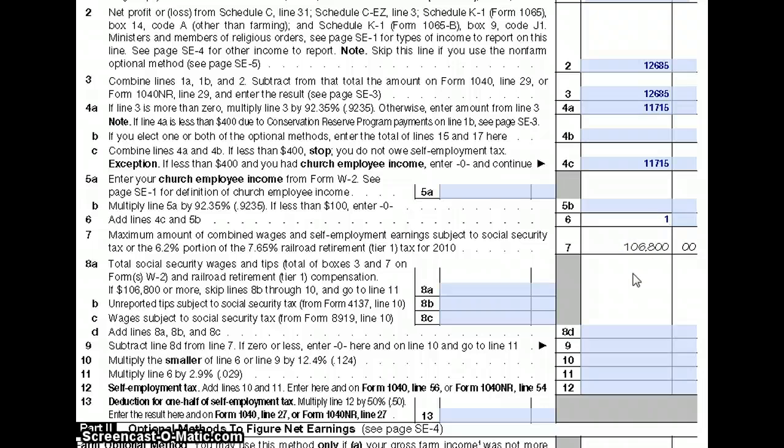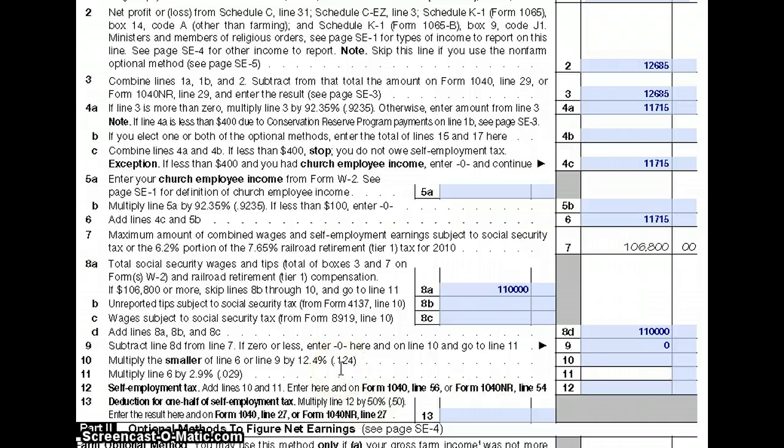Now on line 8a, we enter 110,000, which is our salary. We add up the lines and we have 110,000. But now notice, we subtract line 8d from line 7, and if it's less than 0, we enter 0 on this line and go to line 11.